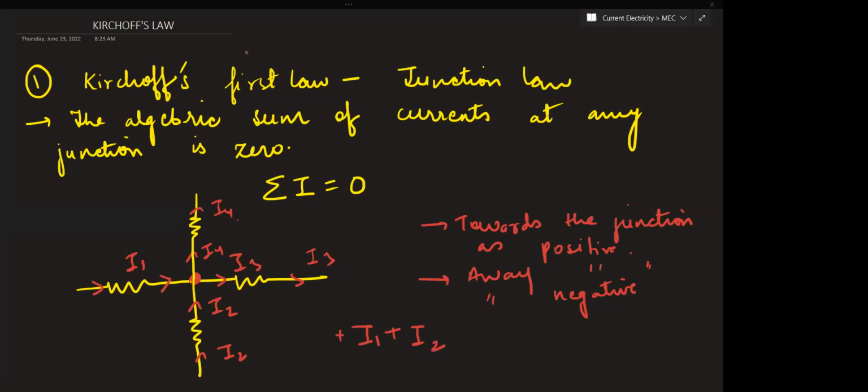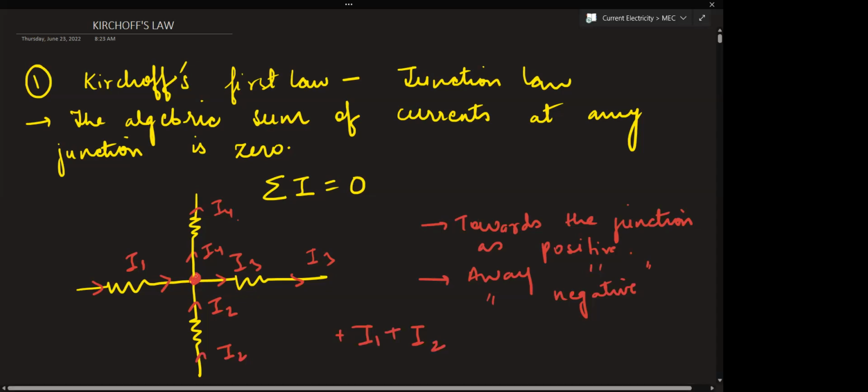Fatima, Munir, you tell me which currents are moving away from the junction. This is your junction. What all currents are moving away from it?